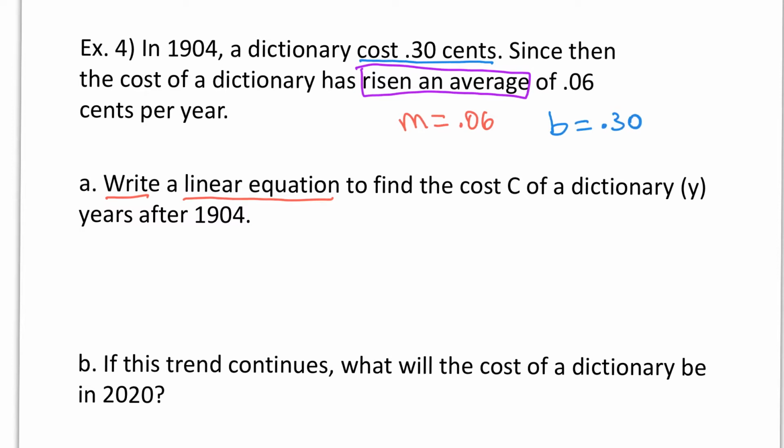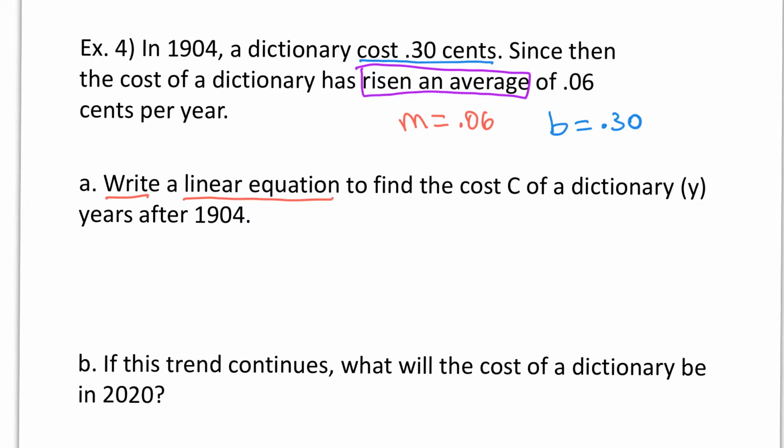And I'm saying b, the y-intercept, because the x value is 0. So the starting point of time, years, or even hours, seconds, is always 0. That's how you start. So the starting point is the y-intercept, which is 30 cents in this case, in 1904. So now that we have the slope and the y-intercept, we're going to put everything together.